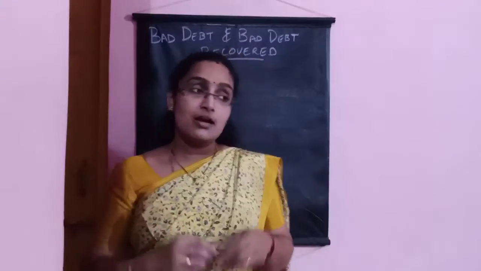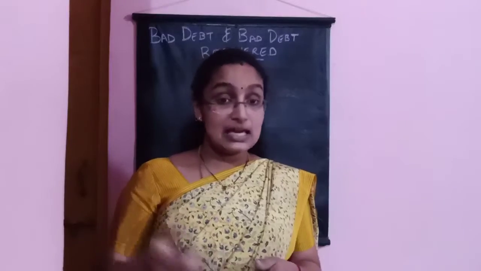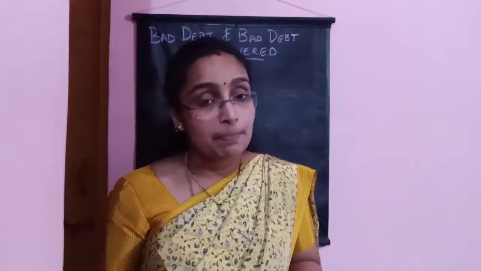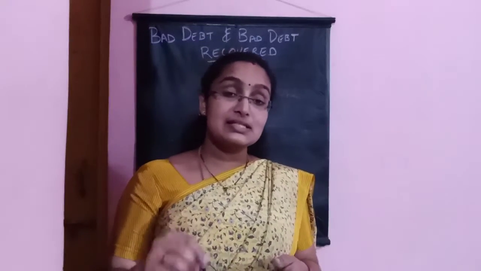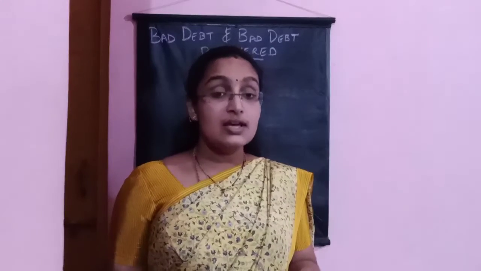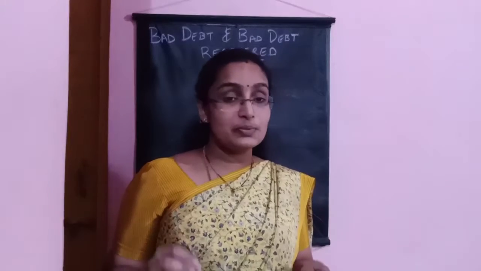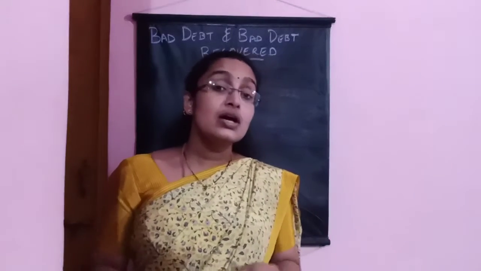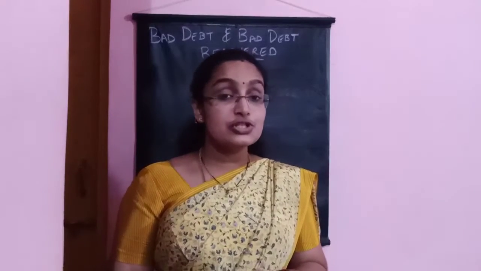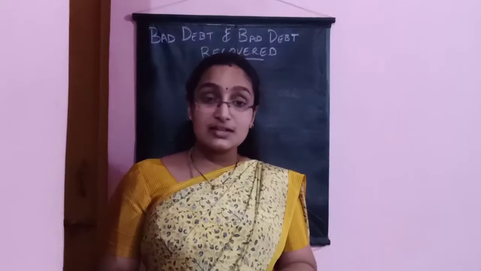For instance, we have written off rupees 20,000 of Mr. A earlier as bad debts; we had taken the instance of Mr. A, so let's continue the same. Mr. A's account was credited with 25,000, where 5,000 he had given to us and bad debts was written off for rupees 20,000. Now, Mr. A has stabilized himself and is in a position to pay us back 10,000 from the balance of 20,000.